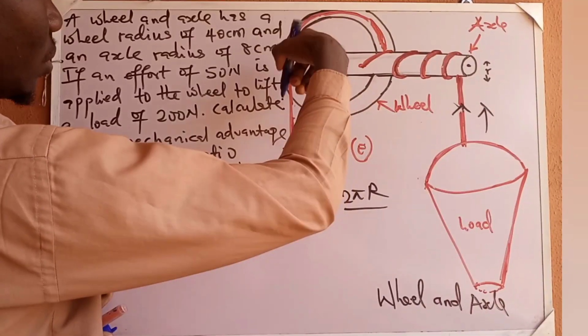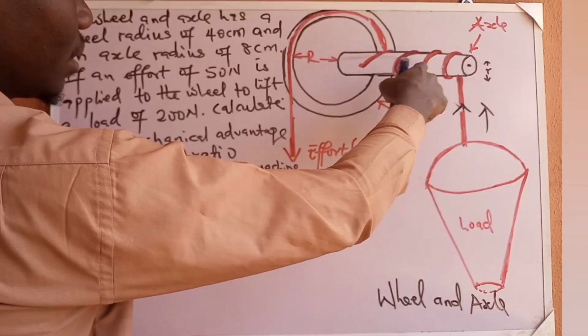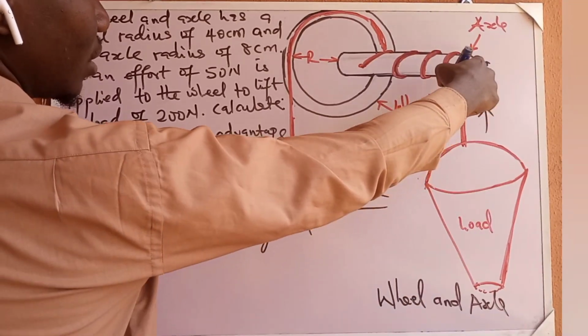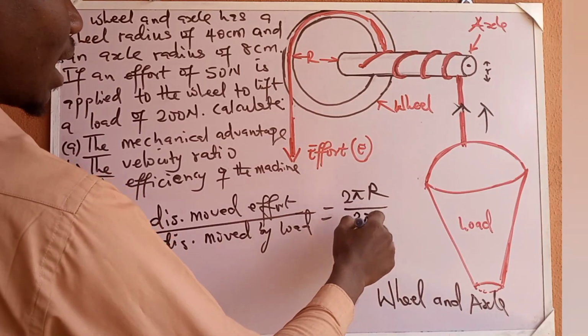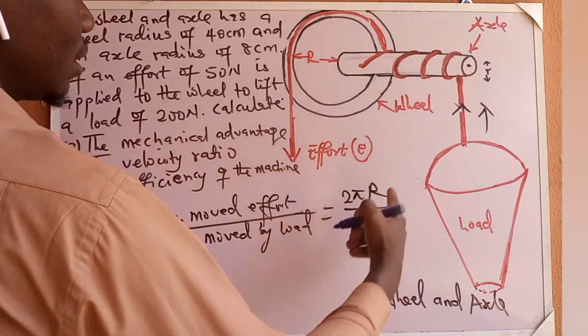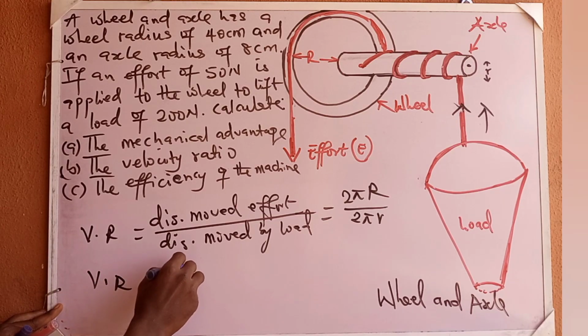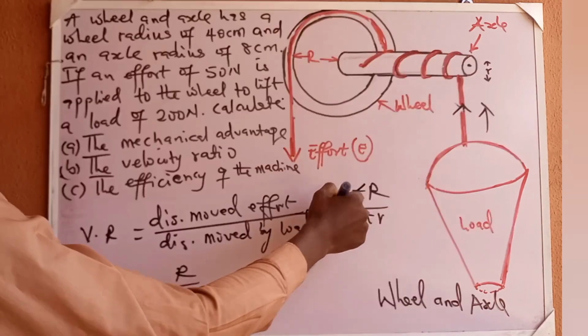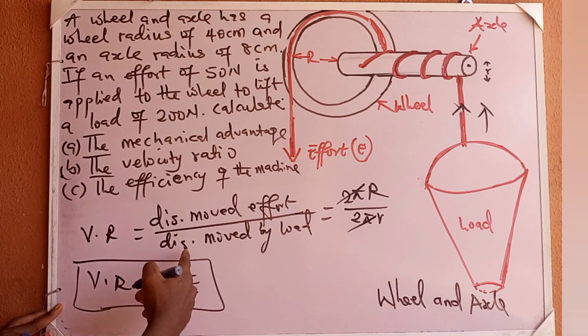Then the load is attached to the axle. One revolution of the axle is going to be 2 pi r, small r because the radius is small. That gives us velocity ratio to be R over r. This 2 pi goes with this 2 pi. So the velocity ratio for wheel and axle is the ratio of the radii.